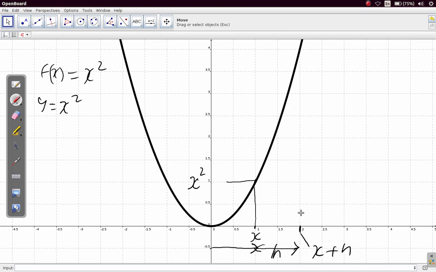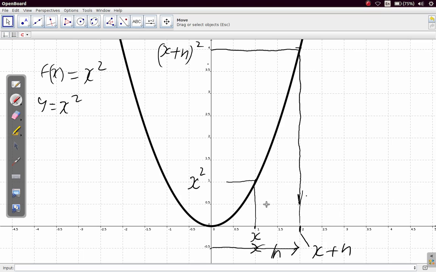If we go up to the curve and then to the left of the curve, we have the y value that corresponds with x plus h, and this would be x plus h squared.